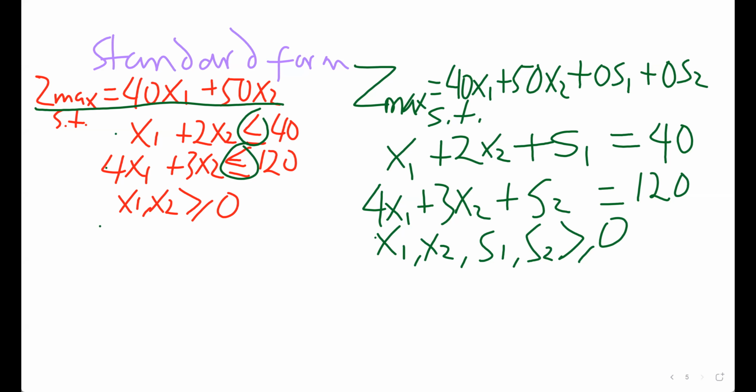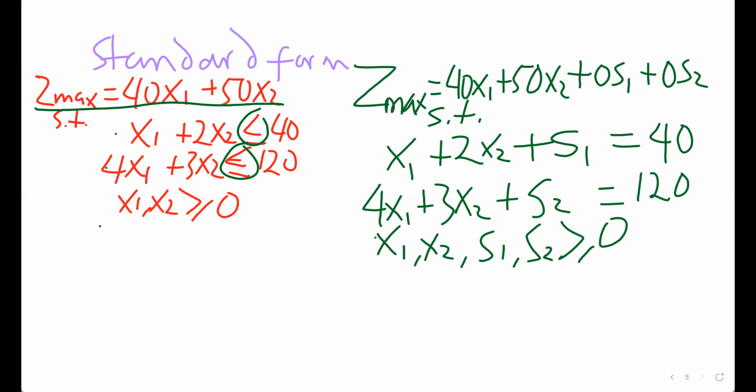Suppose I'm writing Zmax: Zmax equals 40x1 plus 50x2 plus 0s1 for the slacks plus 0s2.